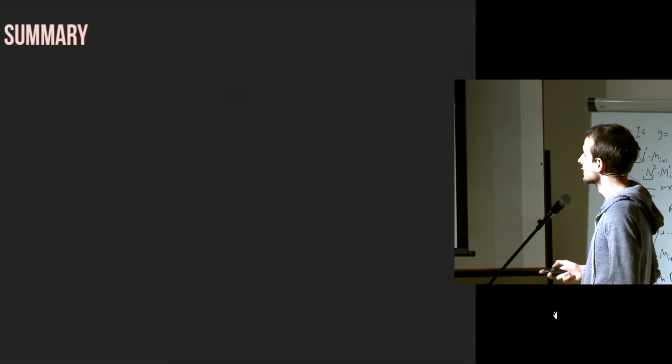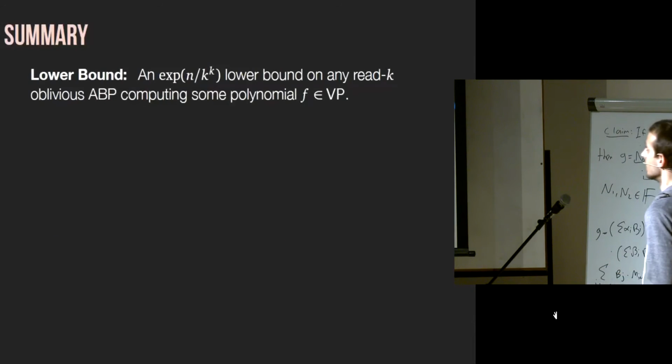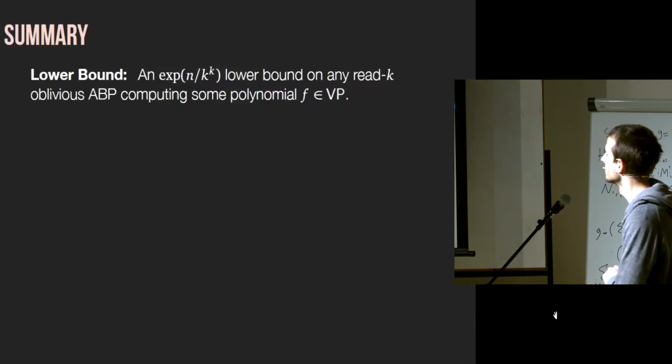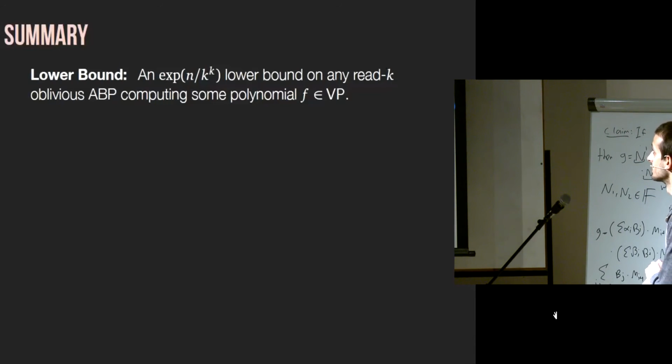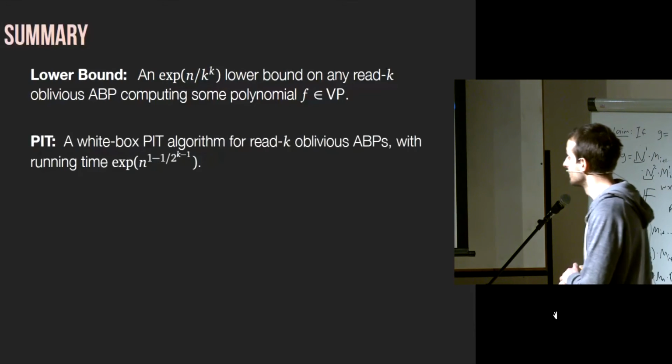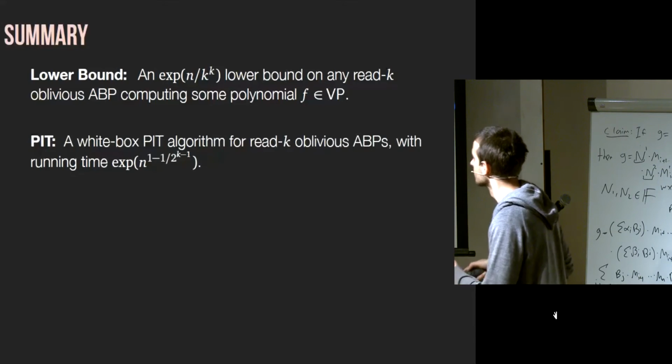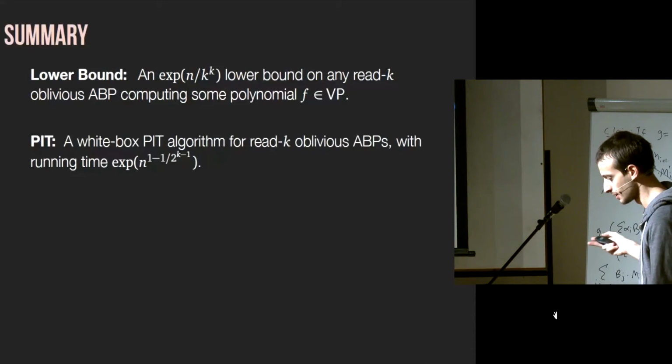All right, so let's summarize what we've seen. We had this exponential lower bound for some polynomial in VP. We show that you cannot compute it in a read k oblivious ABP unless the width is really large. We also have this PIT algorithm where the running time is slightly subexponential.